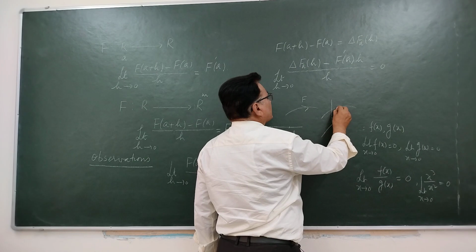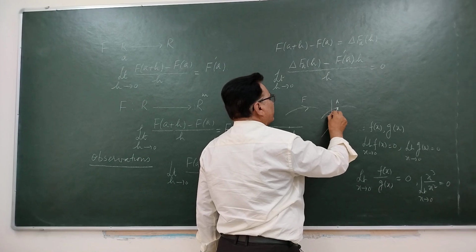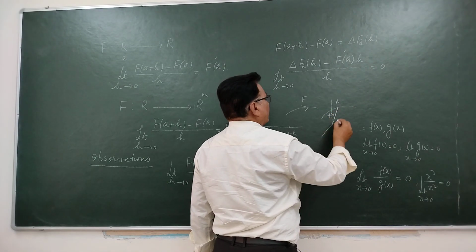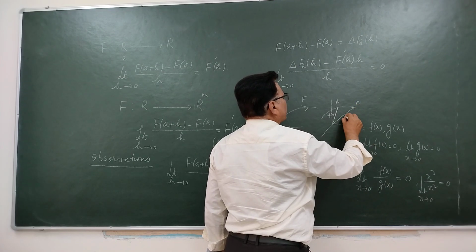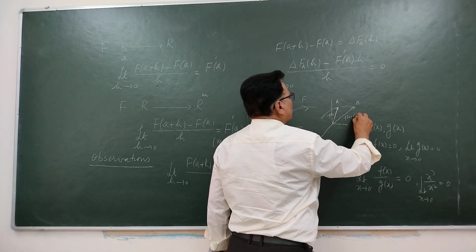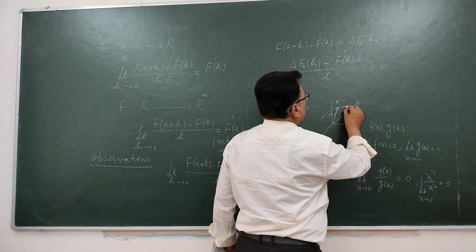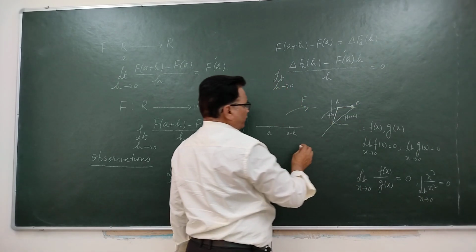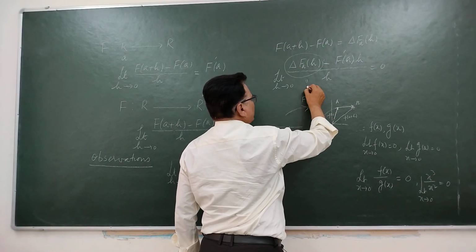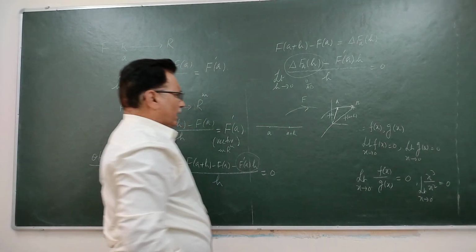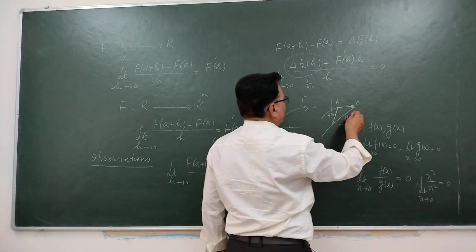Their images: the position vector of the image of a will be the vector f(a). The image of the point a+h will be another point on the curve, and its position vector will be f(a+h). The difference between the two, that is Δf(a,h), will be this vector AB. So from the figure, this Δf(a,h) is equal to the vector AB, and when h goes towards 0, this chord AB will tend towards the tangent.